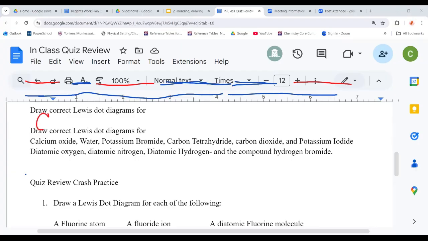Remember that you are new at this, so go ahead and make sure that you draw your Lewis structures first, right? If I draw these two Lewis structures for just the atoms, and I'm going to use color coding here, what I realize is that this oxygen needs another electron here and another one here.